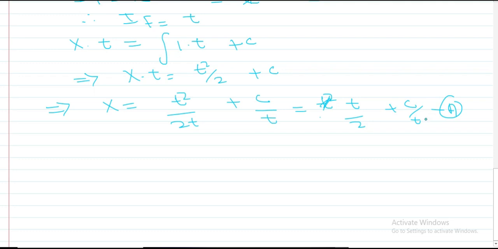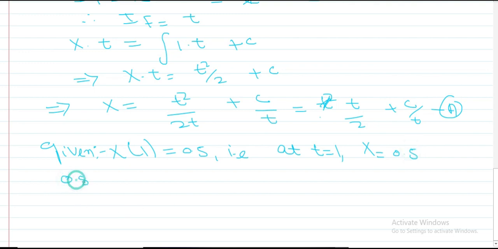Now in the question it is given that x of 1 equal to 0.5. That means at t equal to 1, x is 0.5. Therefore we can write equation A as 0.5 equal to 1/2 plus c/1, which implies that c equal to 1/2 minus 1/2, that's equal to 0.